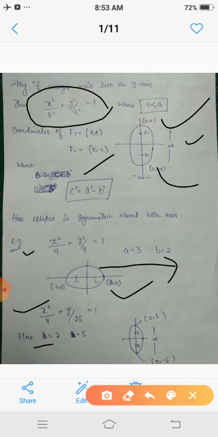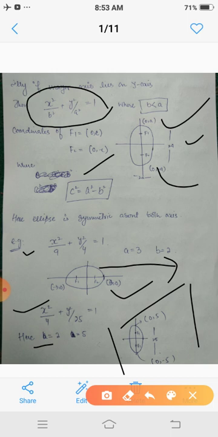This means that it represents this ellipse. Foci lie on the y-axis, that is, the major axis is the y-axis, and its length is 10, that is 2a, whereas the semi-major axis is 5. Vertices are (0, 5) and (0, -5).